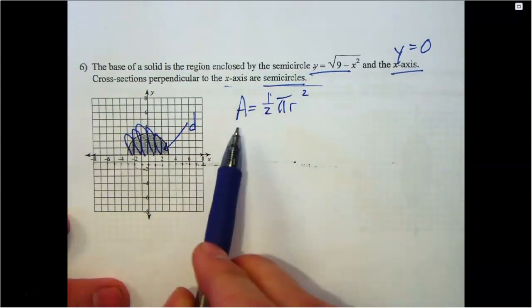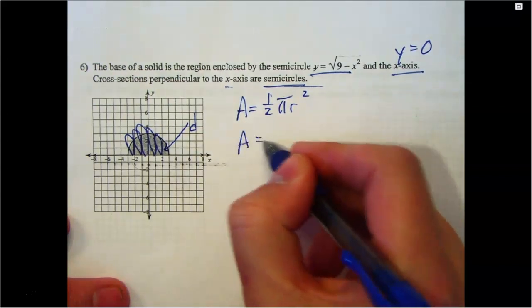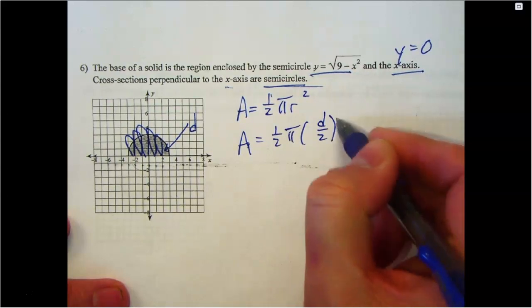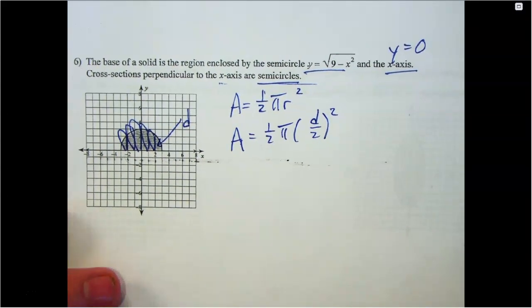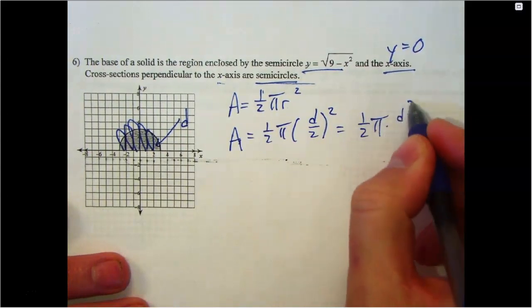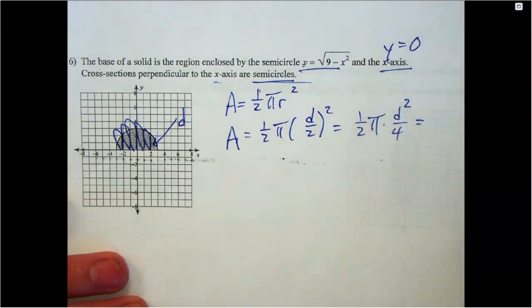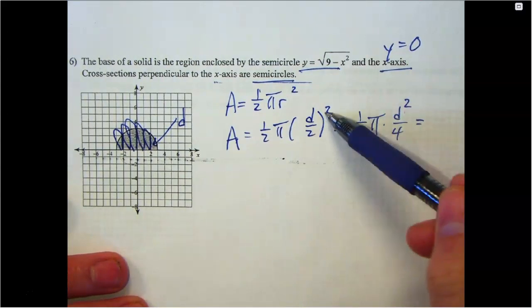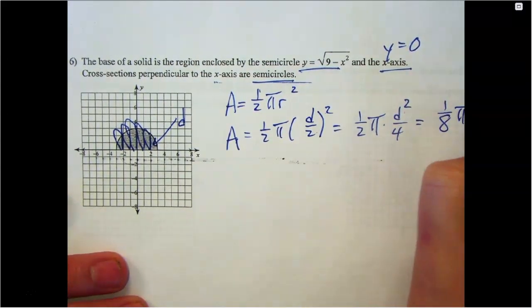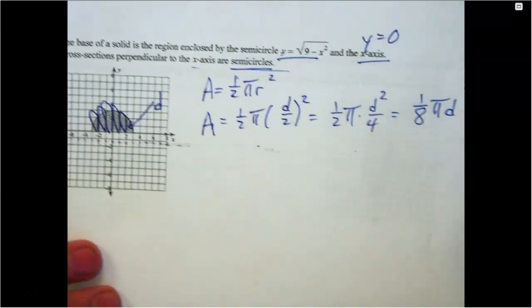But I don't have the radius, I have the diameter. So you have to do 1/2 pi times diameter over 2 squared, which becomes 1/2 pi times d squared over 4. If I square the top and square the bottom, that becomes 1/8 pi d squared.